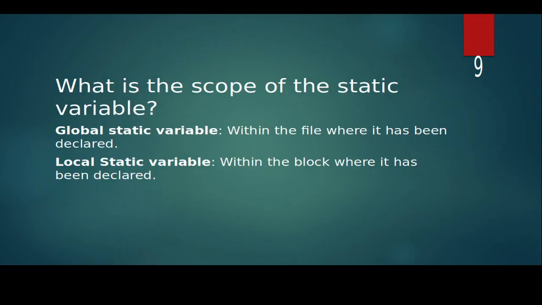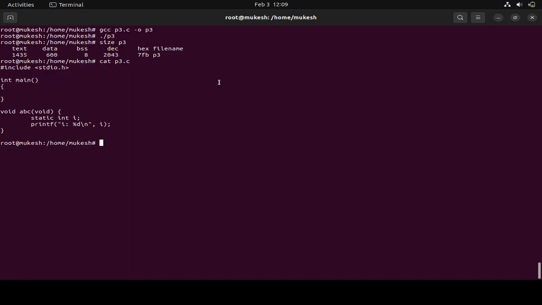Suppose you have two files, p1.c and p2.c. If you declare a global static variable in p1.c, you cannot use it in p2.c. This is simple logic. If it is a local static variable, then within a block you can use it. Let's take one example.